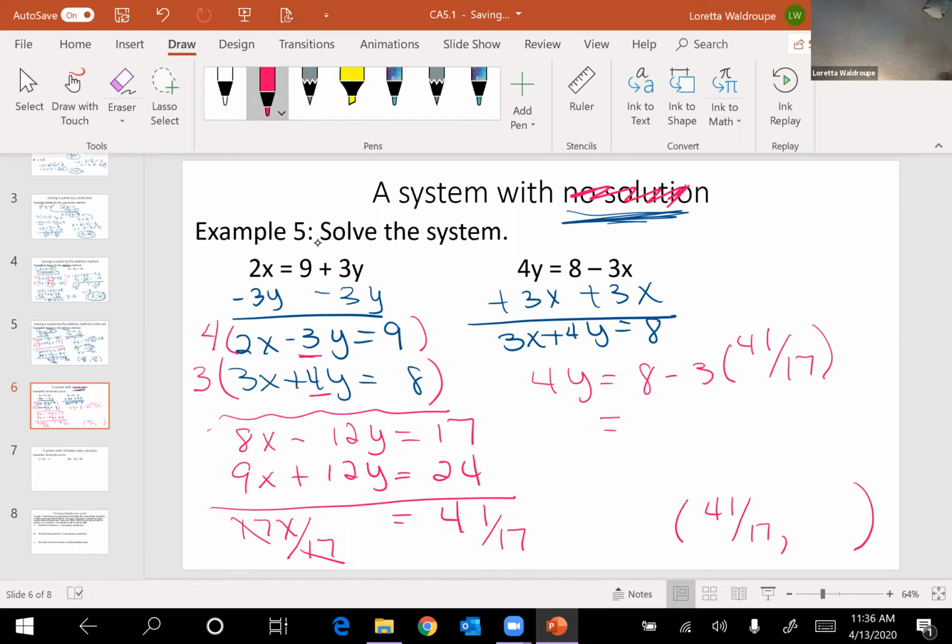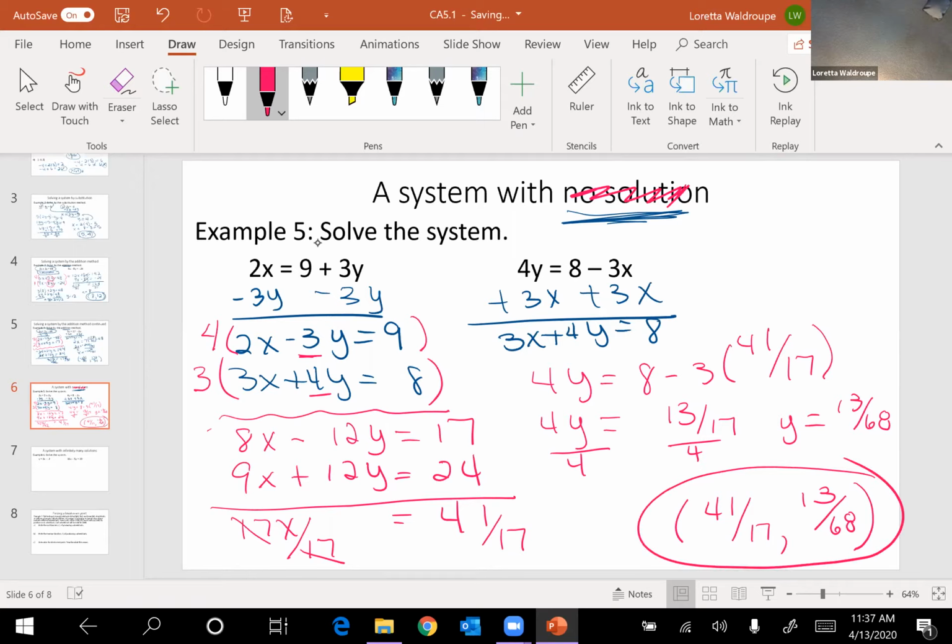Again, using my calculator on the right side, 8 minus 3 parentheses 41 divided by 17 gives me 13 over 17. Dividing both sides by 4, y equals 13 over 68. Okay?